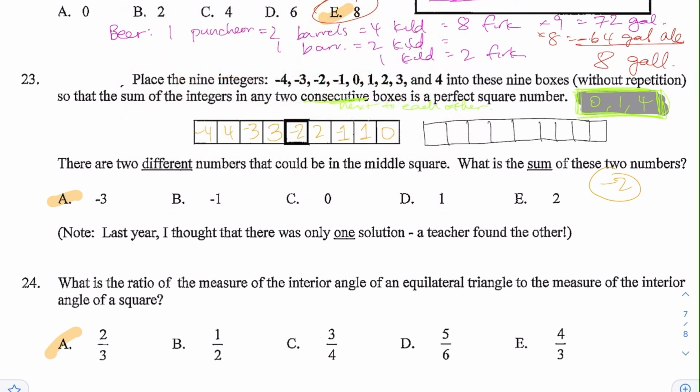So the other way, with some of these numbers, you can just do a guess and check.